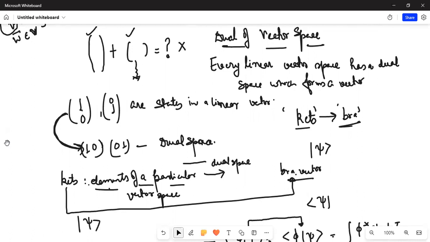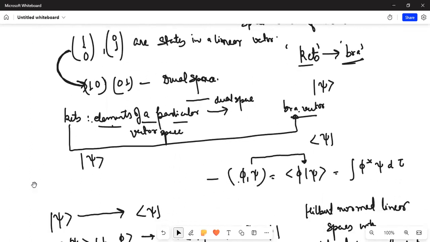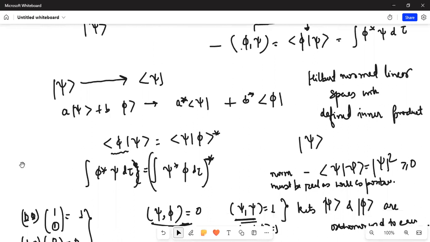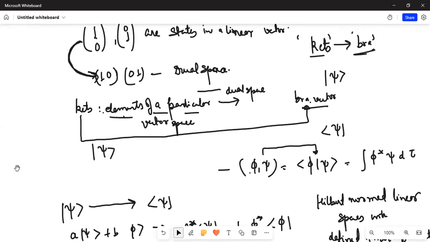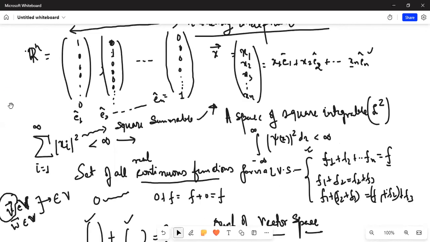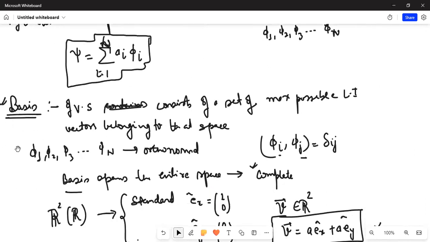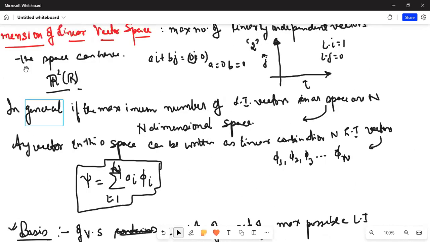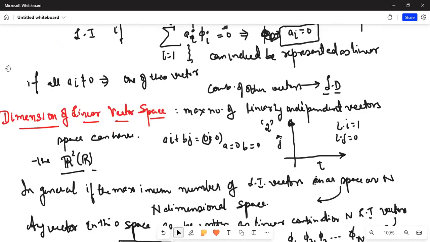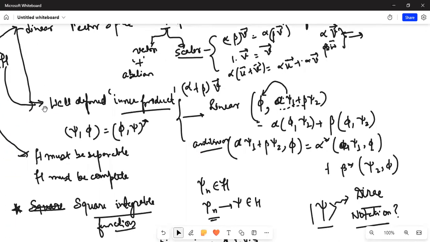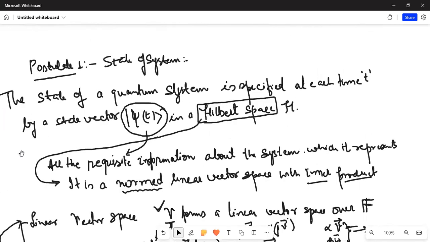The fact of the matter is that if I'm talking about quantum mechanics, the first postulate that comes out is that the state of a quantum system is described at each time by a state vector, which we represent in the form of a ket, psi of t, and this resides in the Hilbert space.